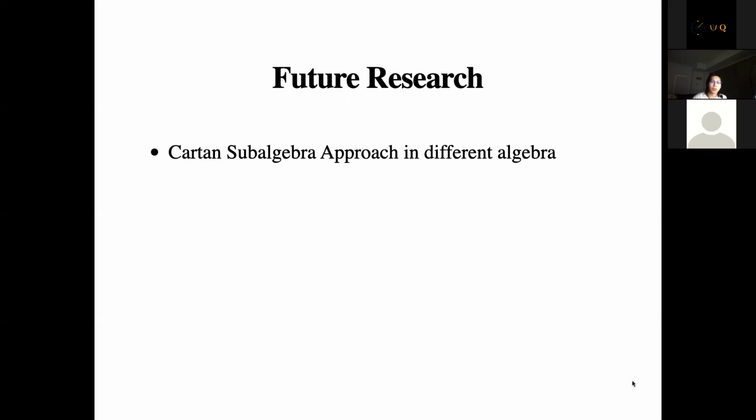For us, we only tried Cartan Subalgebra in the Qubit algebra, the XYZ algebra, or in the Fermionic algebra with A and A dagger. It's interesting, and I think some people are working on it, to apply our Cartan Subalgebra approach to different algebras, like SO2N.